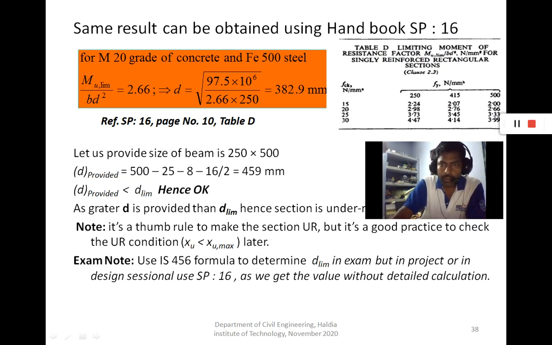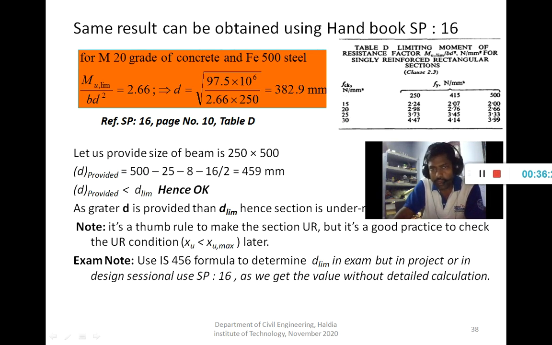Here the tables are given. In Table D, page number 10, for different grades of concrete and steel, the Mu limiting by bd square is given, in Newton per millimeter square. So first we calculate Mu limiting by bd square.